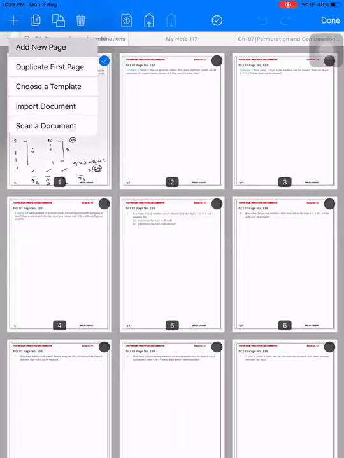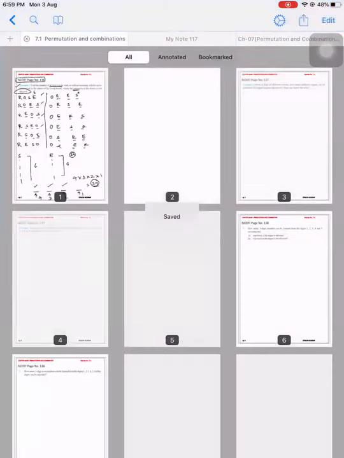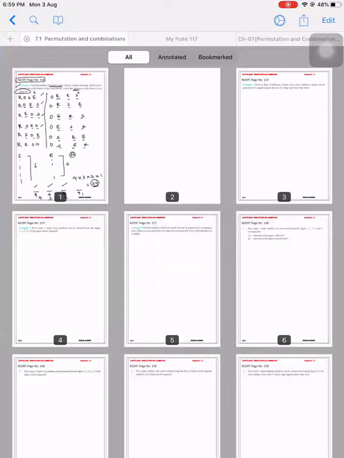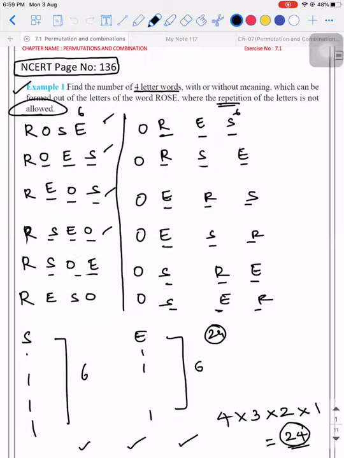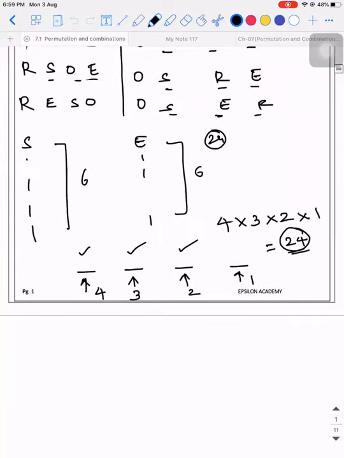Sir, actually, I have a doubt. Tell me. If they say you can repeat letters, sir, then what should we do? If repetition is allowed, that is with repetition. So if repetition is allowed, the first blank space can be filled in how many ways? 4. Second one? 4.